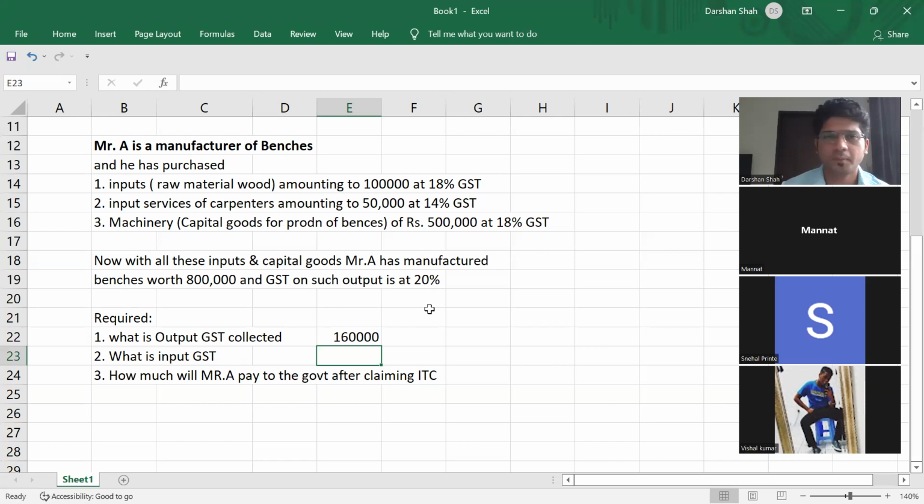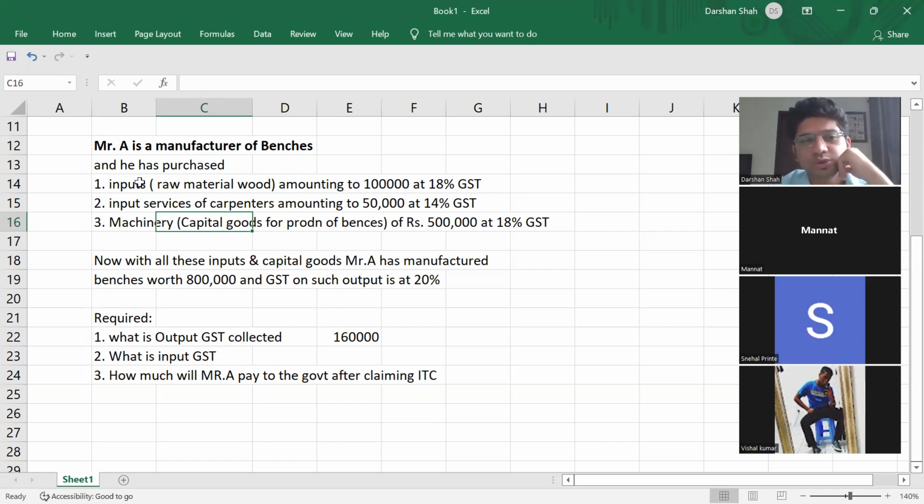Everyone agrees with this? Yes or no? Yes, sir. Okay. Now, what is the input GST? Should I take only GST on inputs? Should I take GST on input services? Should I take GST on capital goods? All three, or only inputs and input services?